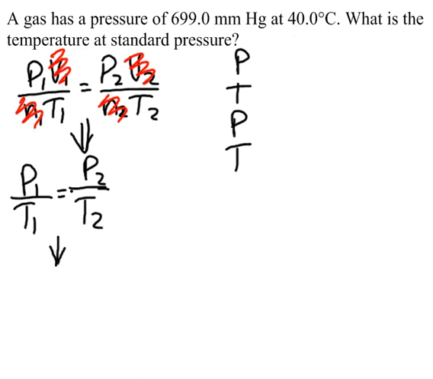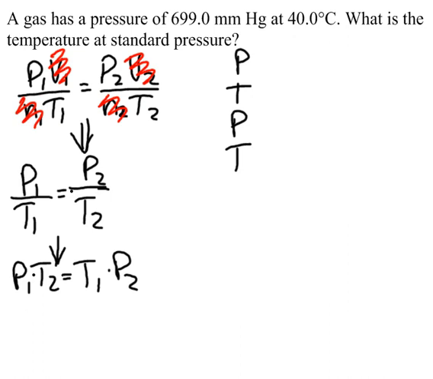I can rearrange this by doing the cross multiplication. Like I said, I highly recommend you do this. You don't have to, but it does make it easier to isolate your variables. So you'd have P1 times T2 equals T1 times P2.